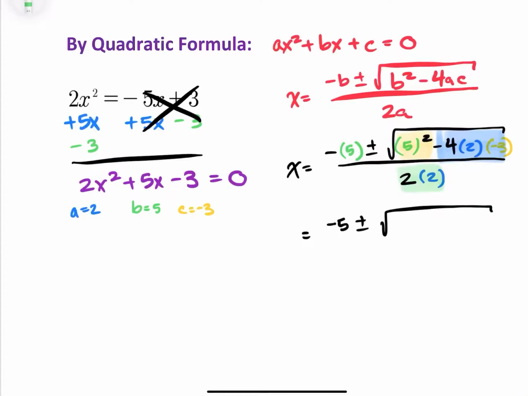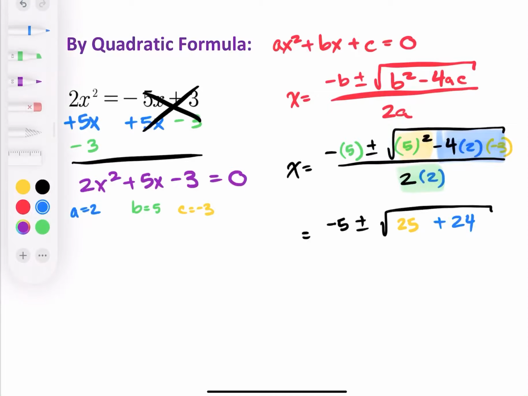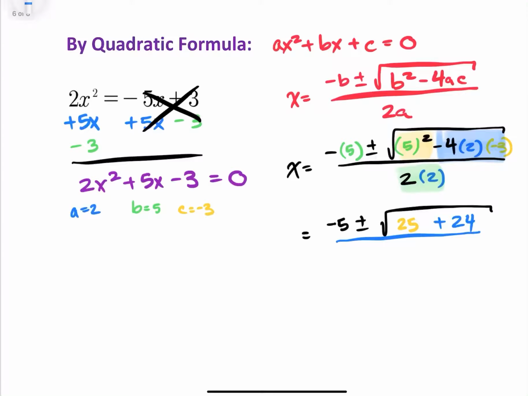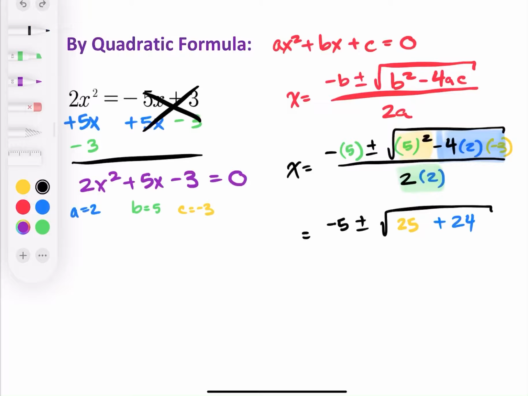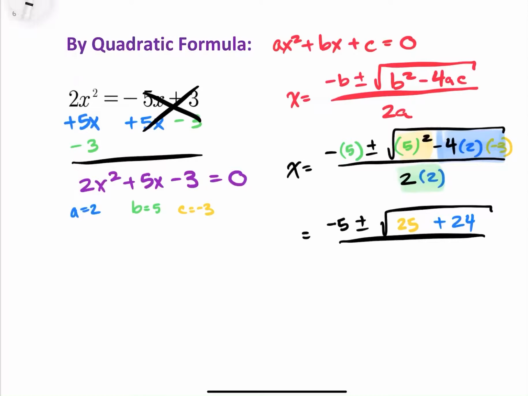So 5 squared is 25. Then negative 4 times 2 is negative 8, and negative 8 times negative 3 gives me positive 24. All of this is over 2 times 2, and 2 times 2 is 4.